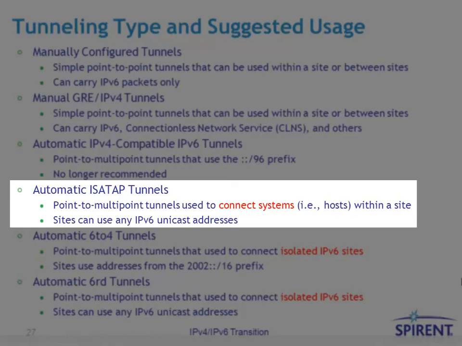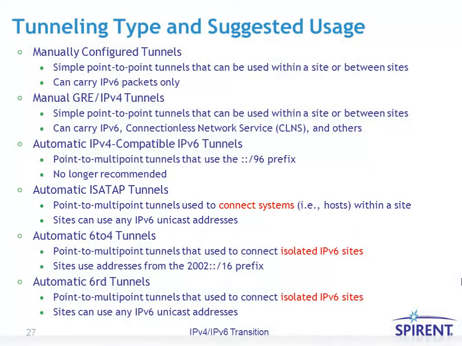So they're host-to-host, host-to-router type of tunnels within a site, hence the intra-site designation of the address. And ISATAP also allows sites to use any IPv6 unicast prefix. We'll cover that more later.